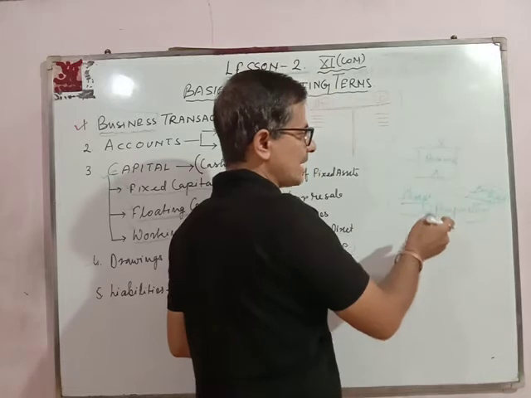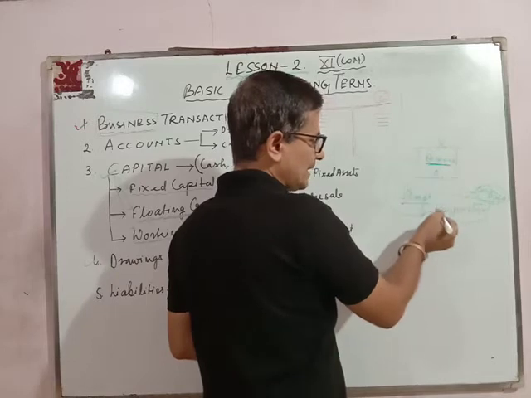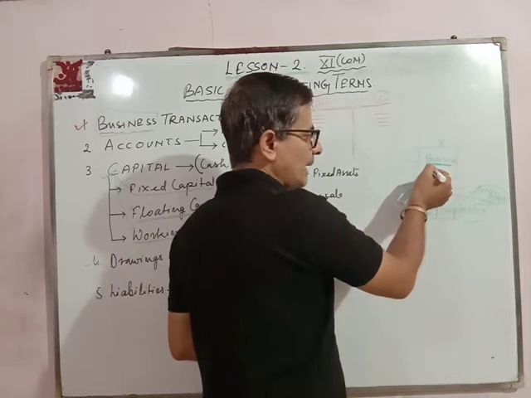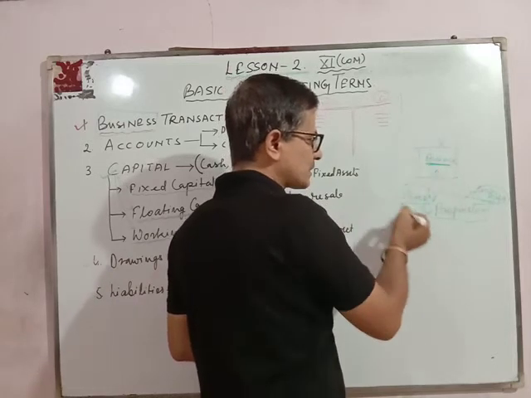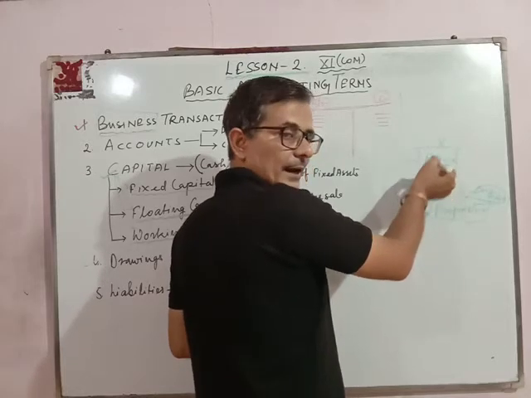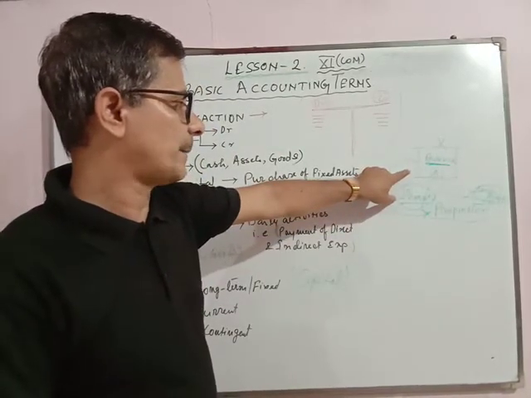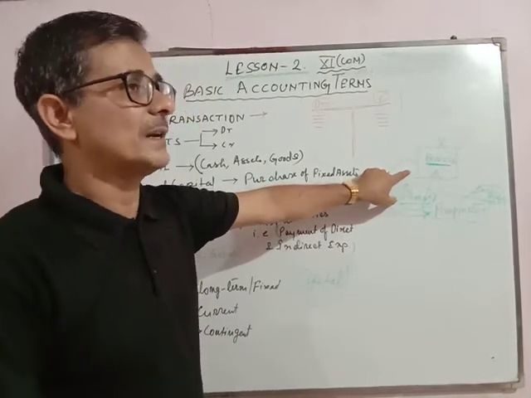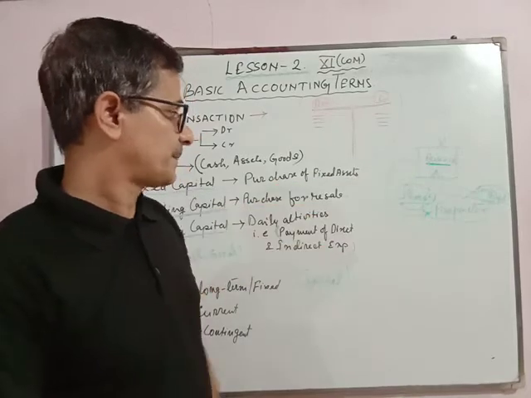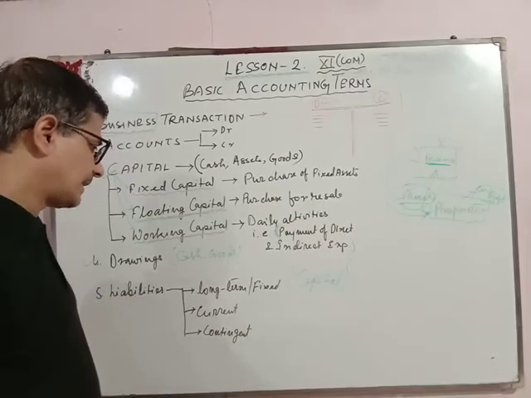So from the business point of view, this money that the proprietor invested is a liability of the business, because the business needs to return the money that the proprietor invested. That is why capital is a long-term liability for the business: as long as the business continues, the capital is there in the business and it is the liability of the business. So capital is the most long-term or fixed liability of the business.